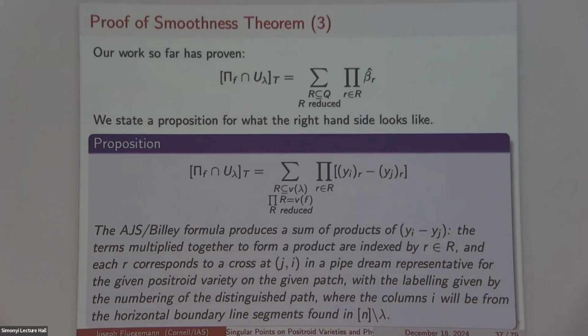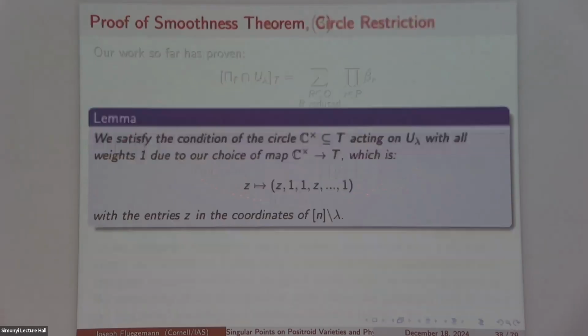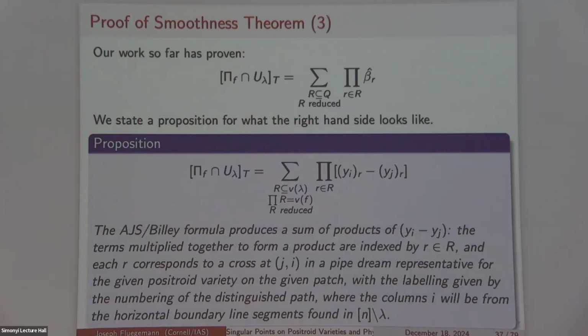So you can reduce this AGS Billy formula to some polynomial in these variables y, and then doing this restriction sets each term in the AGS Billy formula equal to 1. So they'll literally just become a sum over all affine pipe dreams for that Positroid variety on that point.